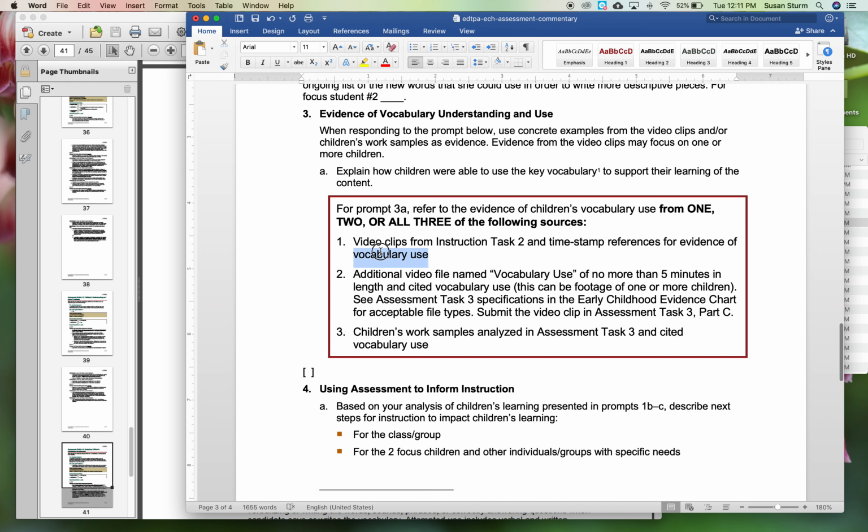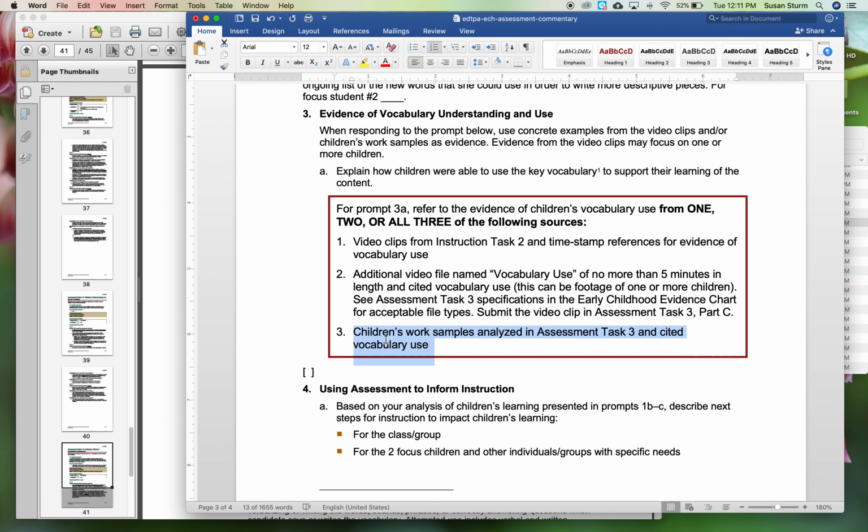You can upload a video, or you can refer to a video clip from task 2 using timestamp references for evidence of the student's vocabulary use. You can provide an additional file that you call vocabulary use, no more than 5 minutes, that has your students actually using vocabulary.